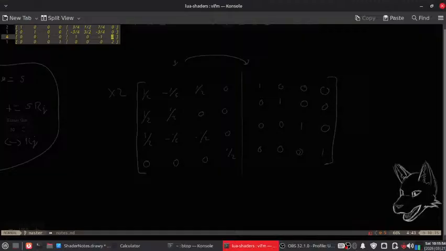What is this, a non-invertible matrix or something? It should be invertible. It's not calculating.